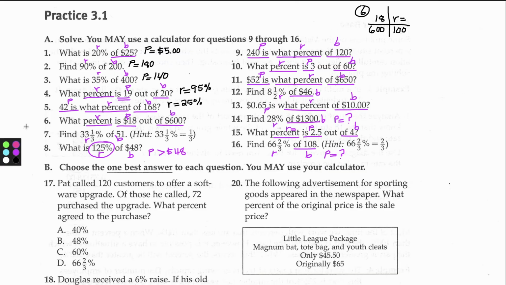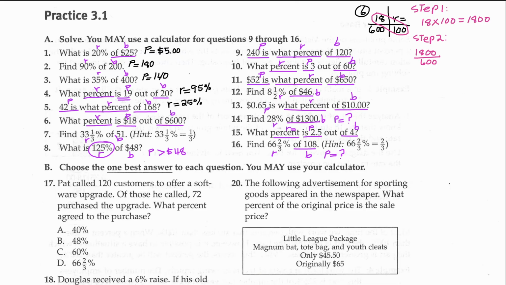Now what we need to do is multiply 18 times 100. That is step 1. 18 times 100, we know that it's going to be 1800. Now step number 2. Divide 1800 by 600.